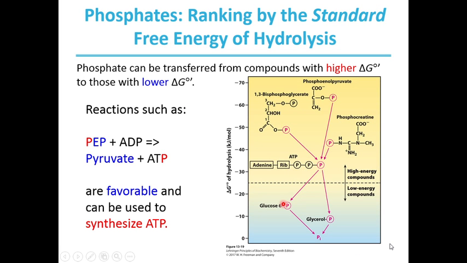This graph here shows ranking of biological phosphate compounds by standard free energy of hydrolysis, as you can see on this axis.